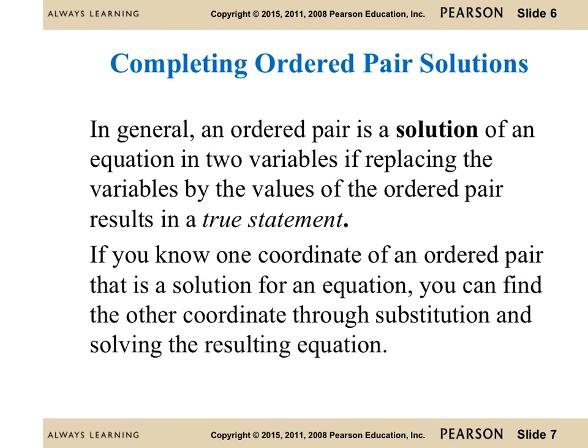Now we'll talk a little bit about whether or not an ordered pair is a solution of an equation in two variables. An ordered pair is a solution of the equation in two variables if you replace the variables with the values of the ordered pair, and it results in a true statement.